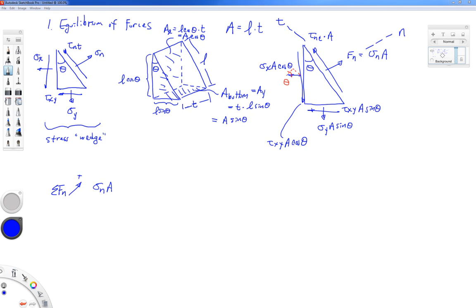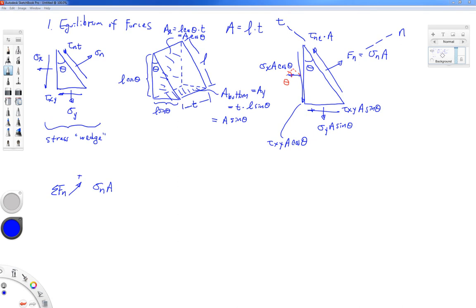So the summation of forces in the n direction, we'll take off to the upper right as positive, would be sigma n times A. And then each of the other four forces that are not on the inclined plane will have a component of that force in the n direction.